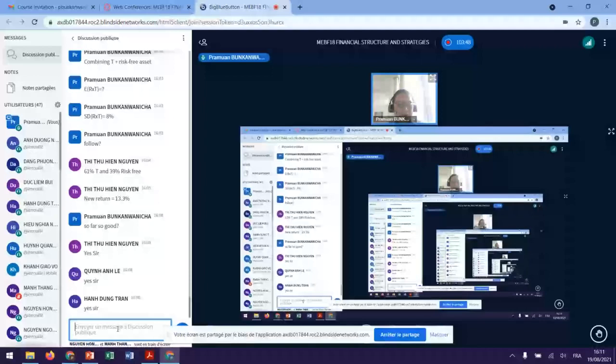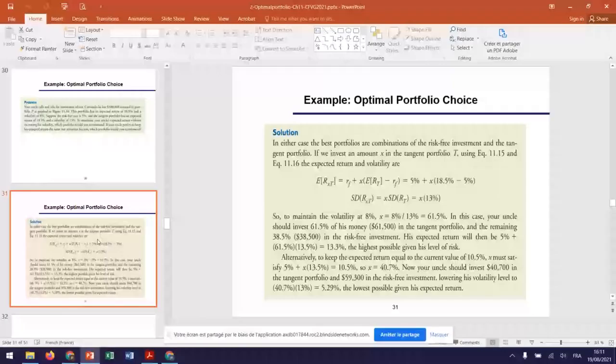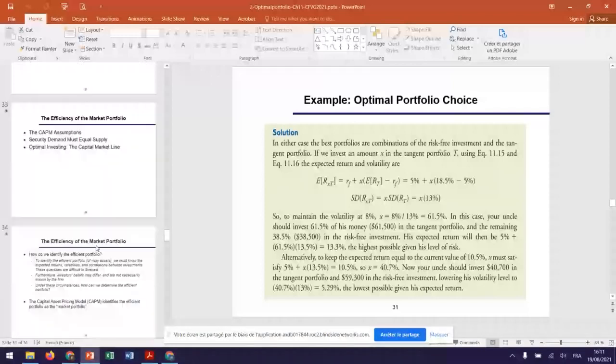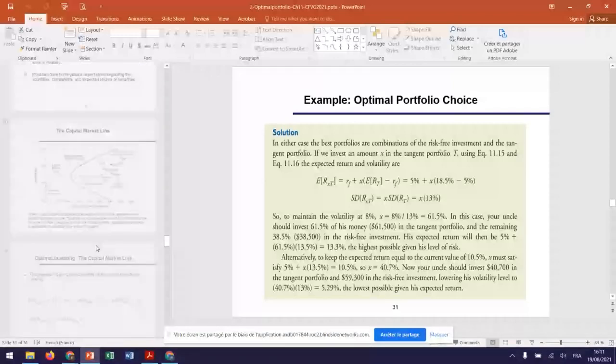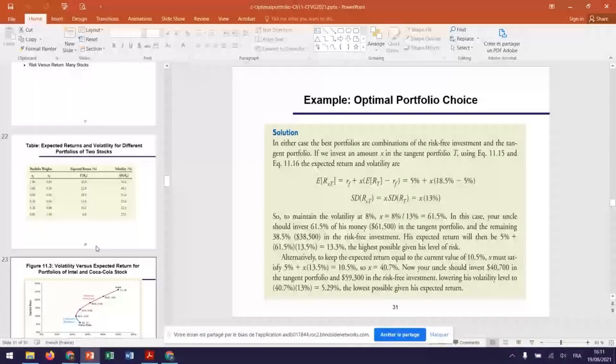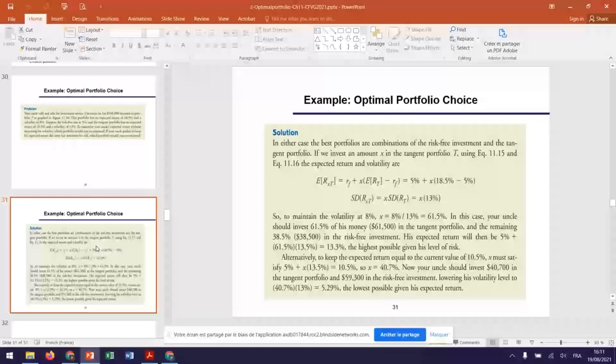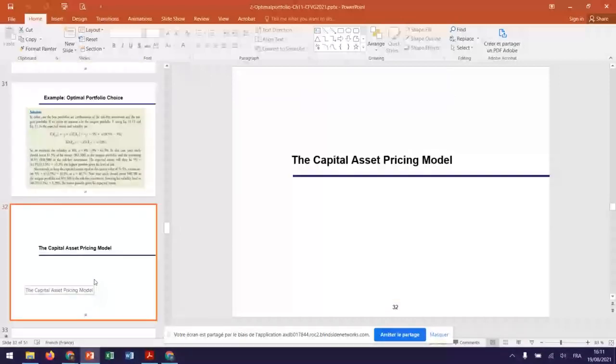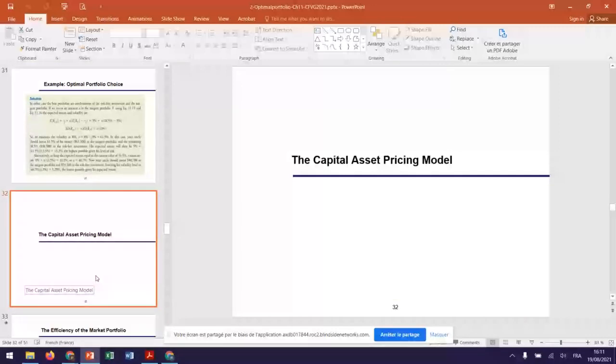Okay. So that is about the portfolio and the combination of the portfolio. Now, what I would like to do is to introduce a very important concept that derives from these optimal portfolio theories, developed by several economists.